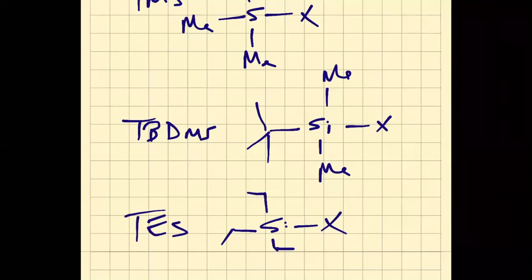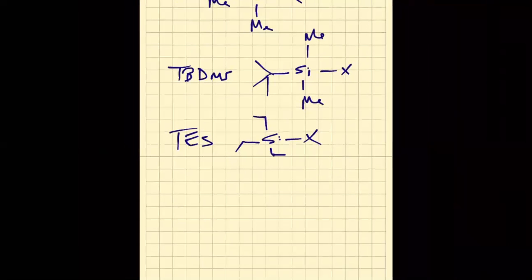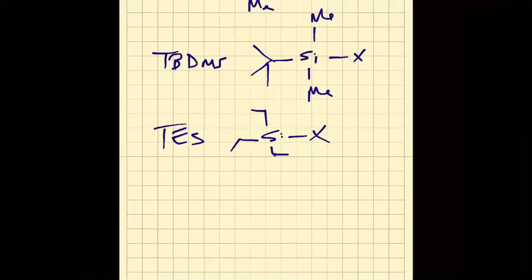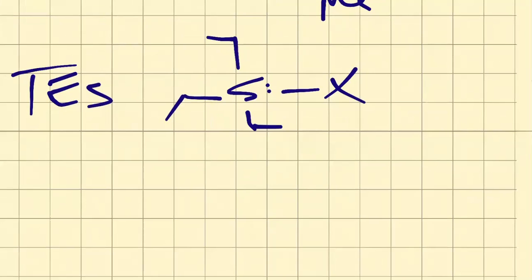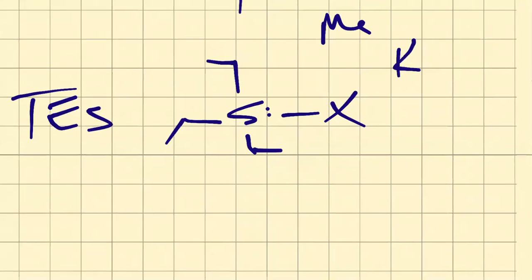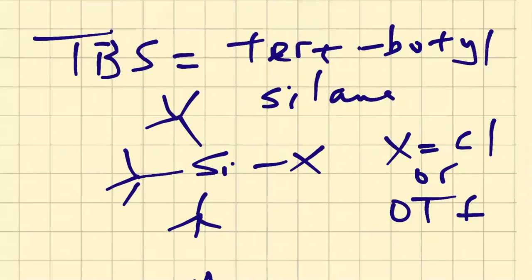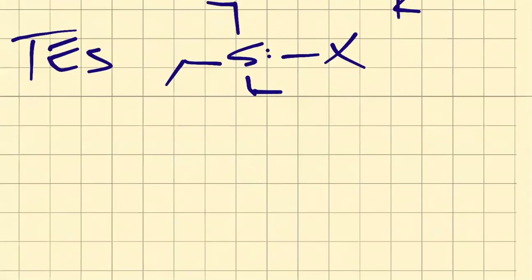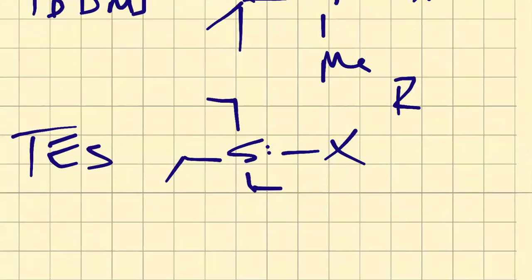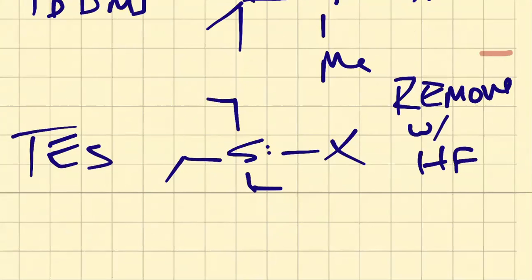All of these protecting groups have different reactivity, and when it's time to take them off, for your silyl protecting groups, you can just use something like hydrofluoric acid. So you can remove them with HF.